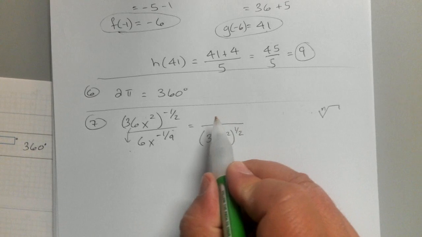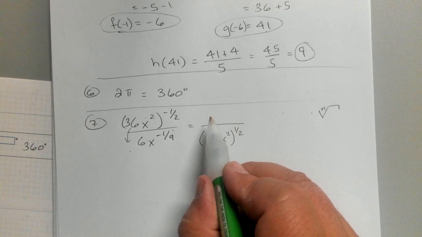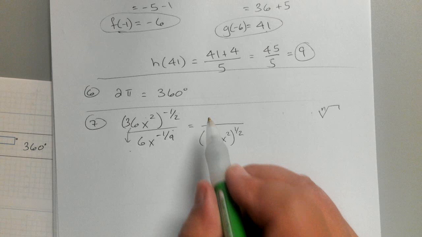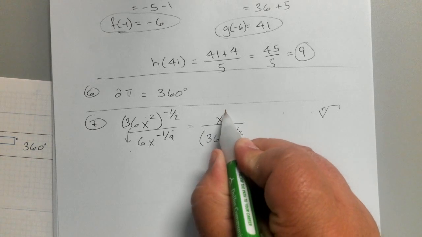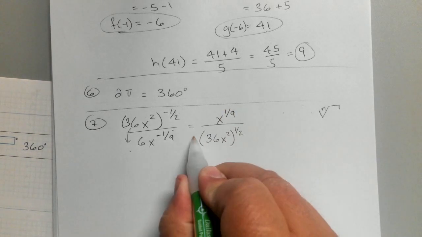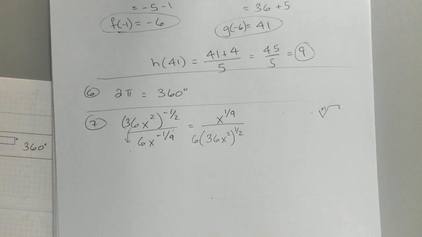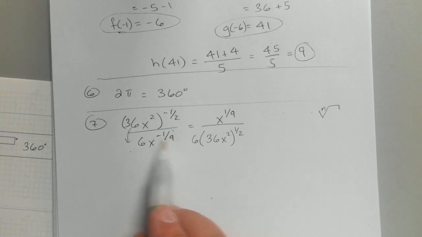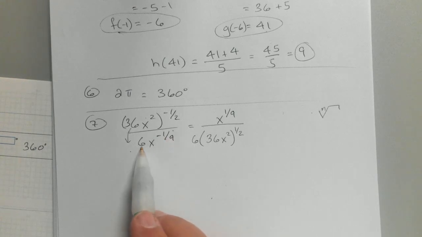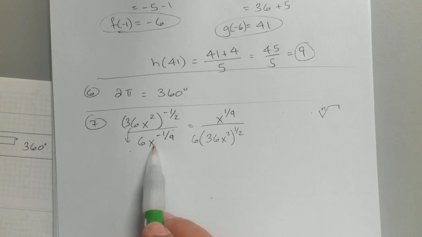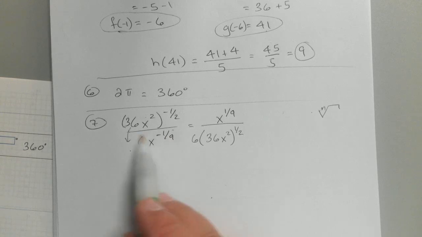So what goes on top? 1. Just 1? No, the 6 stays on the bottom. Why? Where is the exponent connected to? Is it connected to the 6 or the x? X only, because this is 6 times x to the power negative 1/9. There's no parentheses, so the 6 is separated from the exponent.